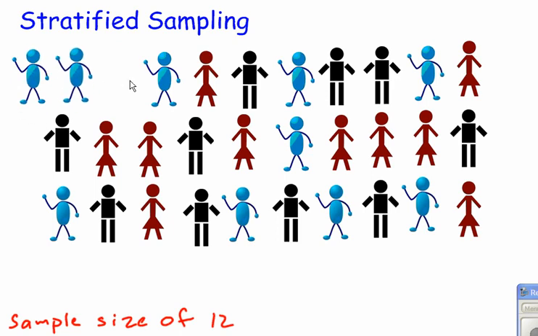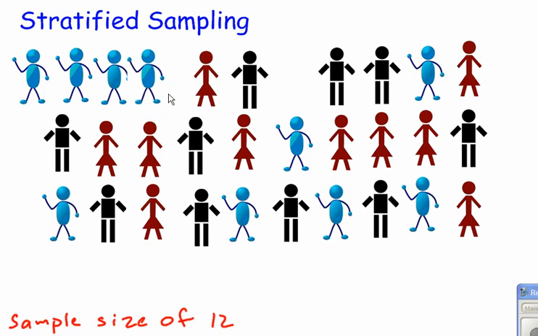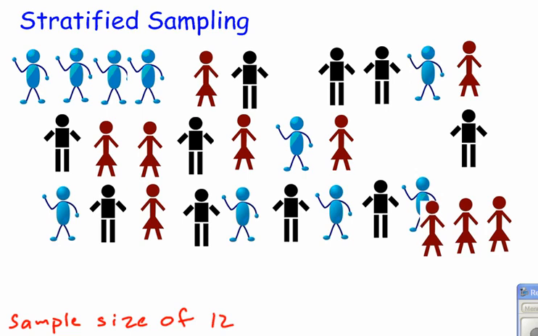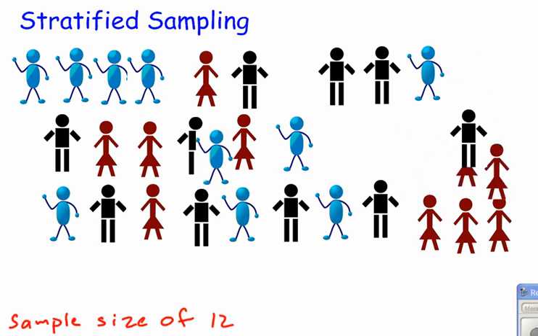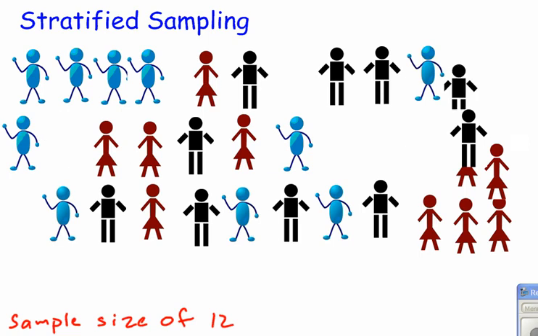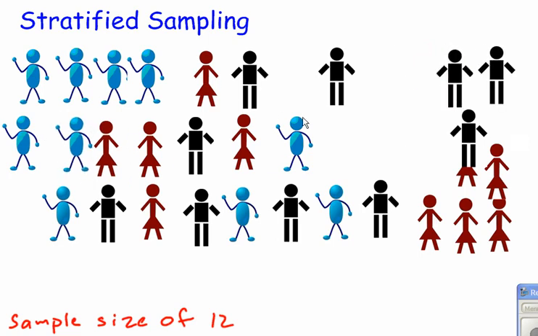So I'm going to put all of my blue guys over here, and I'm going to put all of my red ladies over here. This will take a couple minutes to do, but what I'm doing is I am putting them into groups, and I'm grouping them by some kind of characteristic.